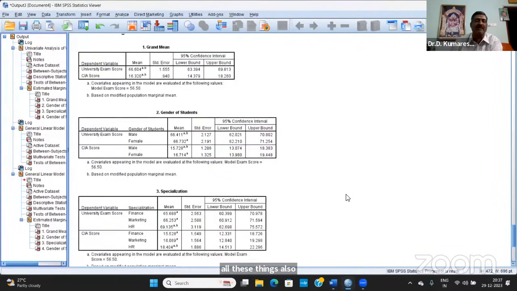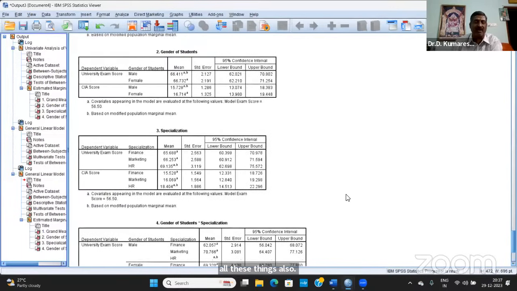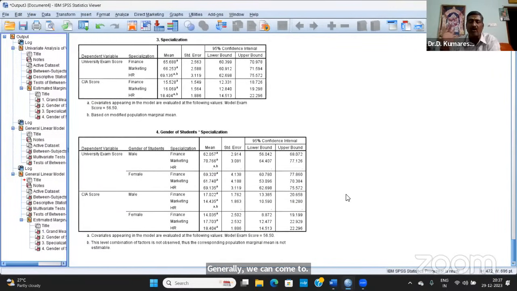Then only we can draw more conclusions. That is important. Because I told you, ANOVA, we are doing ANOVA differently or separately for each variable. So number of ANOVA will be there.